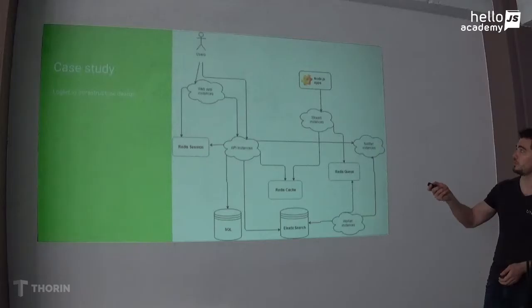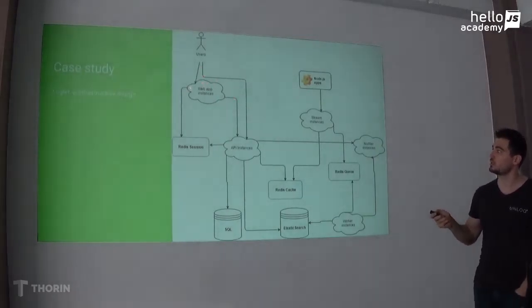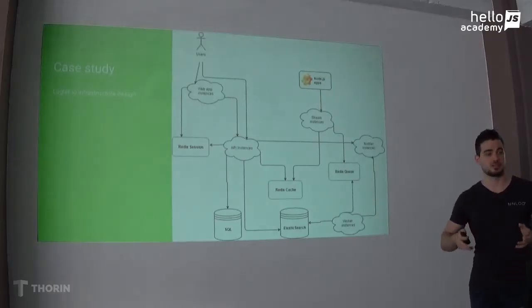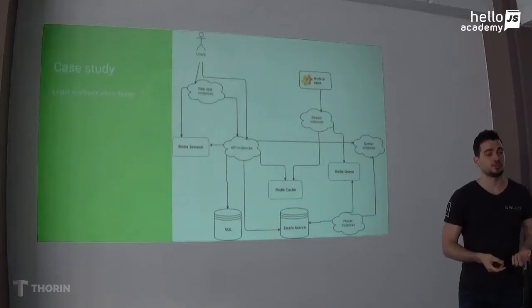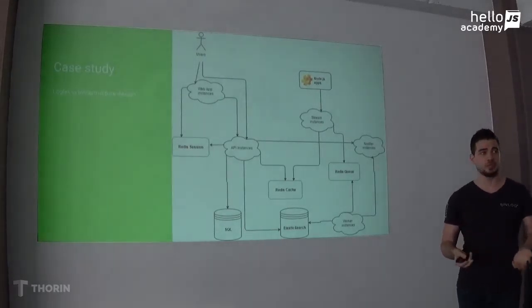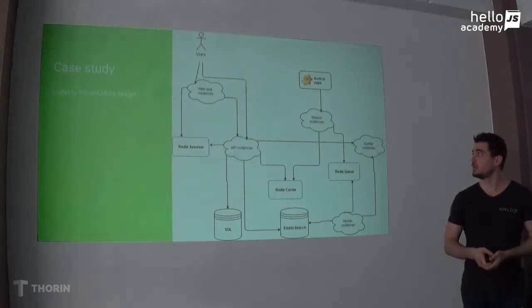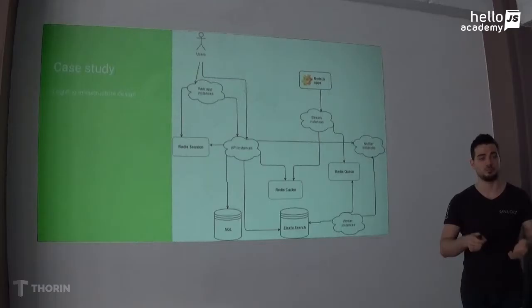We're going to start on the left here and talk a bit about the web app instance. Essentially, the web app instance is a small Node.js Thorin application that works with the HTTP transport and the render plugin to render out HTML. And it uses a bit of less just to style our application.